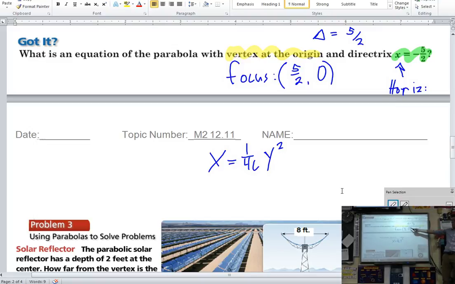So 4 times 5 halves, 20 divided by 2, I get 10. So 1 over 10. And that's it.